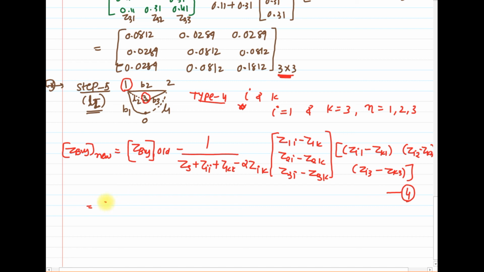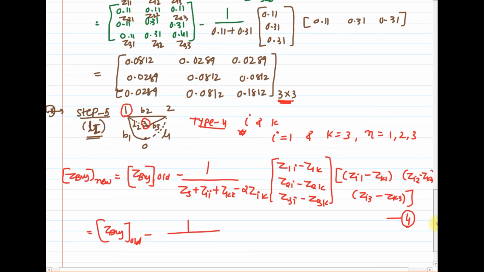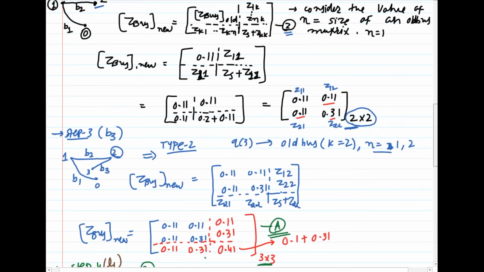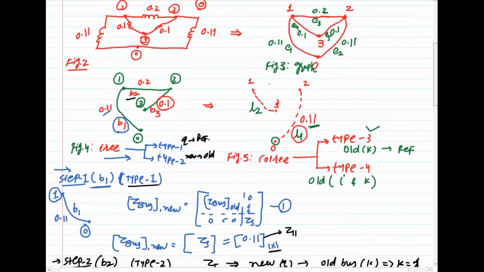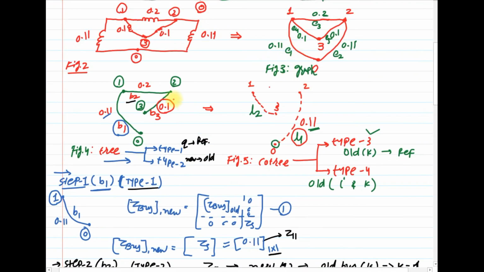Okay, so Z bus old minus 1 divided by zs. The value of zs means L2. Look over here, L2, which is added into the system between bus number 1 and 3, with the value of 0.1.